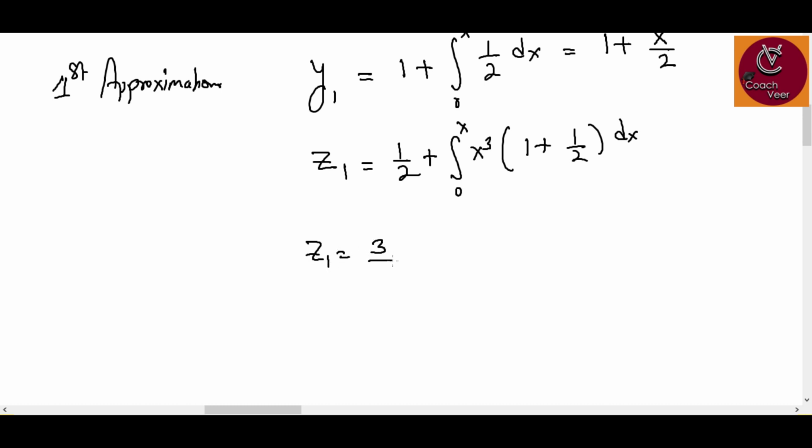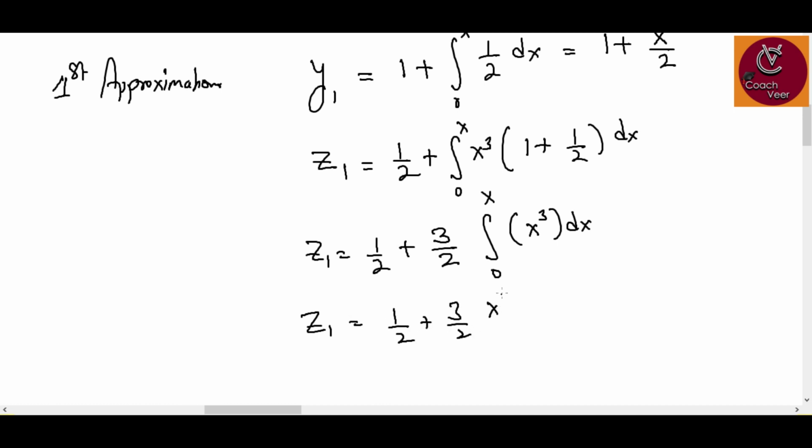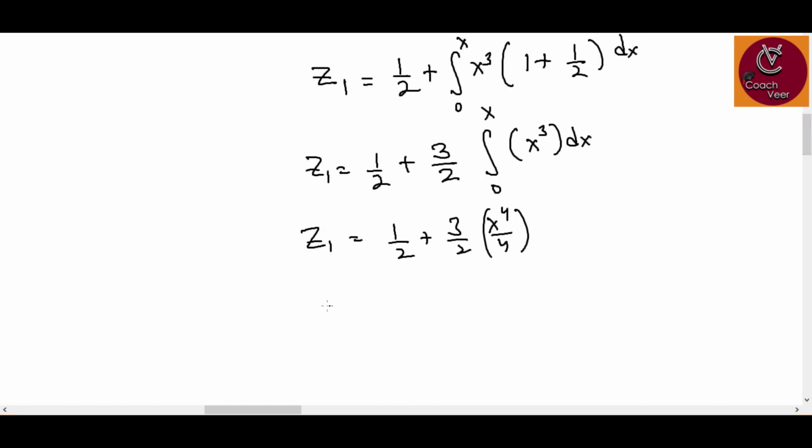So 1 by 2 plus 3 by 2 integral of x cubed dx. Now integrate it, you are going to get 1 by 2 plus 3 by 2 times x to the power 4 by 4, and when we simplify it, you are going to get 1 by 2 plus 3 by 8 x to the power 4. That is our z1, the first approximation.